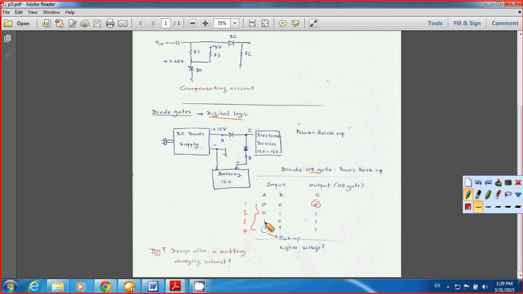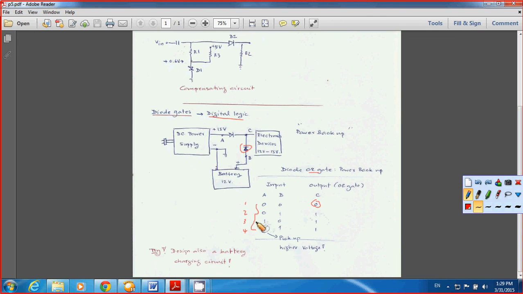Because your input A here is 0. But you have the supply from the battery. When you have a 12-volt battery here, this is the forward bias across the diode here. So the diode starts to conduct, and that's why you have 12 volts as the supply voltage to your electronic device, and your output C becomes 1. That means you have supply.